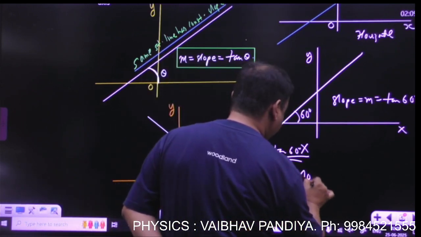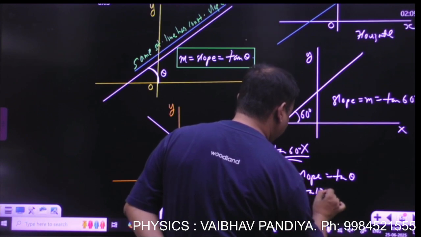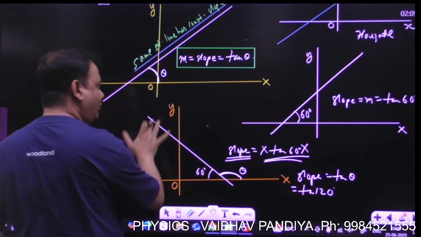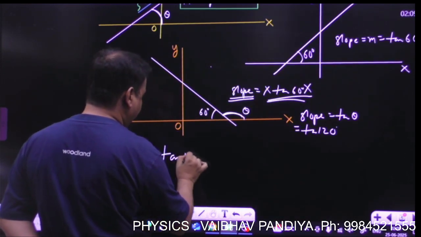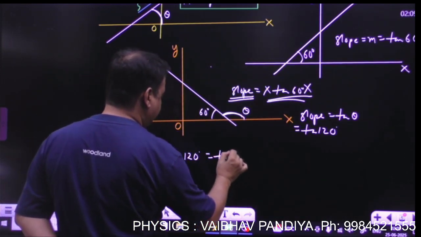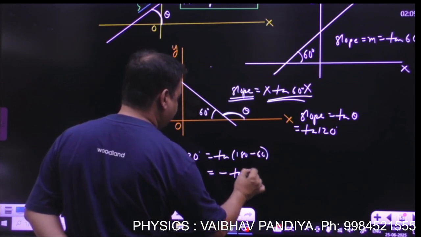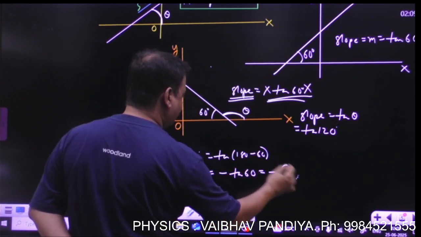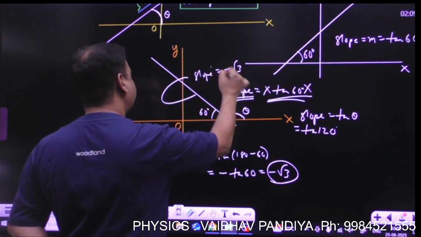The slope here would be tan of theta, that is tan 120, and we know the basic formula. You can write tan 120 as tan of 180 minus 60, and tan of 180 minus 60 will be minus tan 60, that is minus root 3. So this line will have a slope of negative root 3.